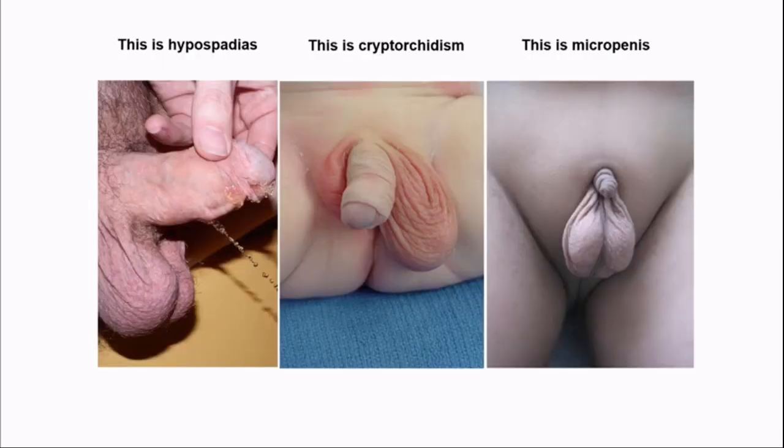Now, the main effects in children appear to be defects in the formation of the penis and the testicles, and that's shown on this slide. Those defects are known as hypospadias, cryptorchidism, and micropenis.